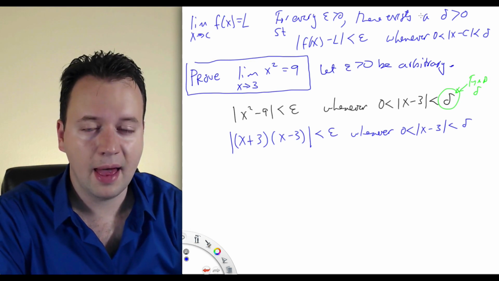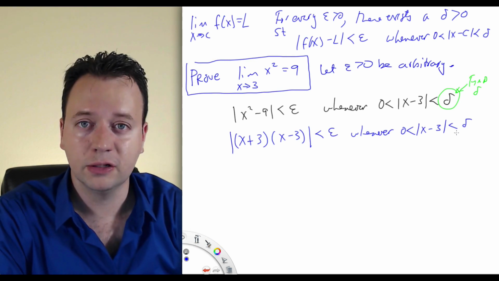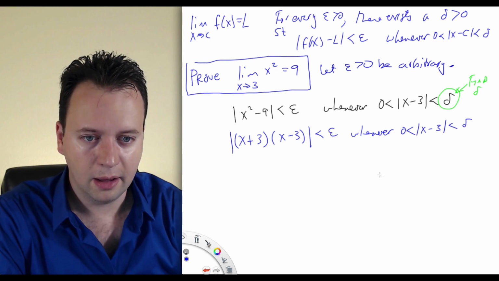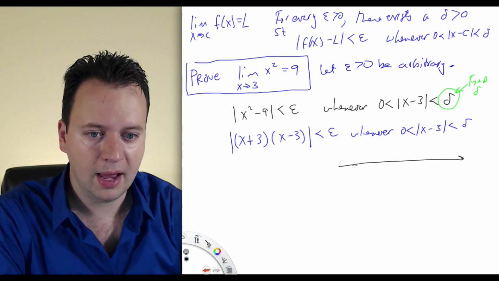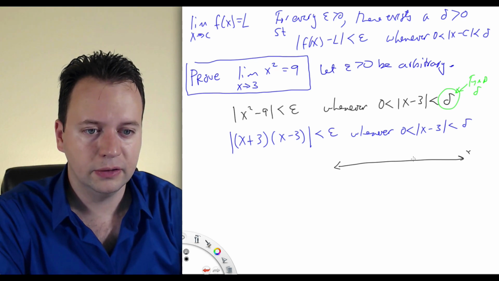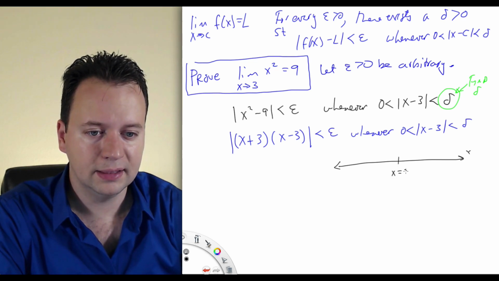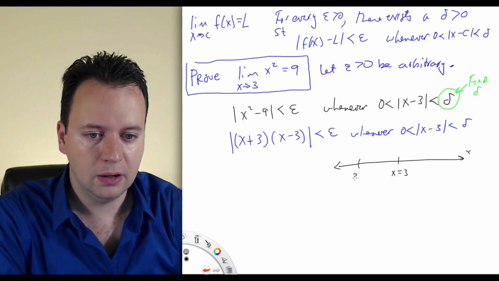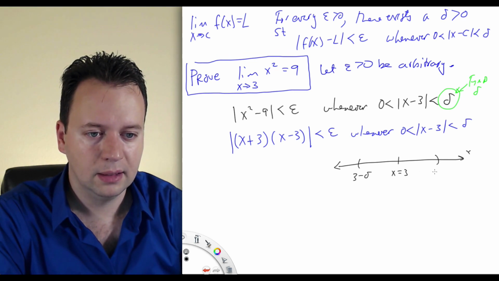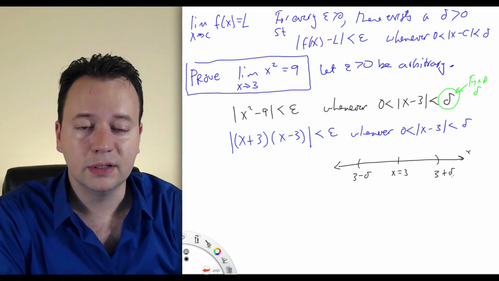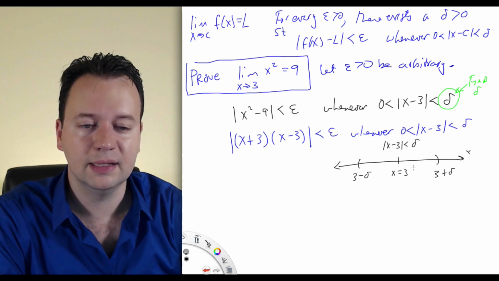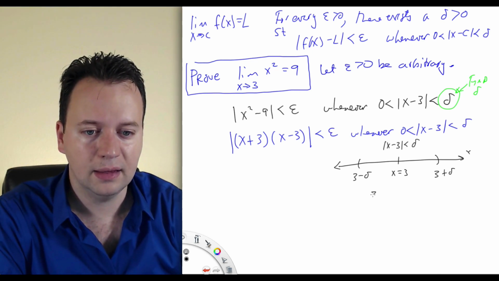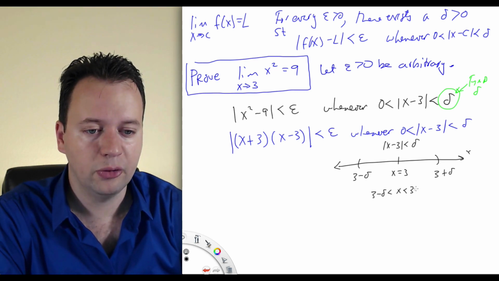Now the condition that the absolute value of x minus 3 is less than delta can be visualized if you look at the x-axis. So here's the x-axis, here's x is equal to 3, and here's 3 minus delta and 3 plus delta. So saying that x minus 3 in absolute value is less than delta is equivalent to saying that 3 minus delta is less than x, which is less than 3 plus delta.